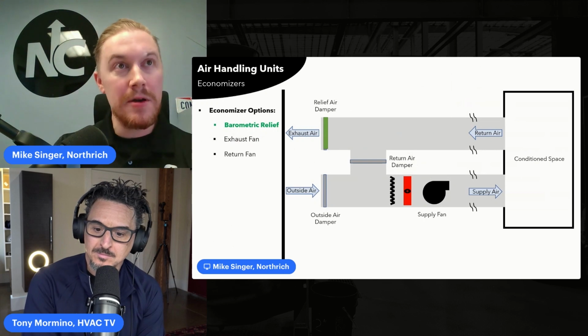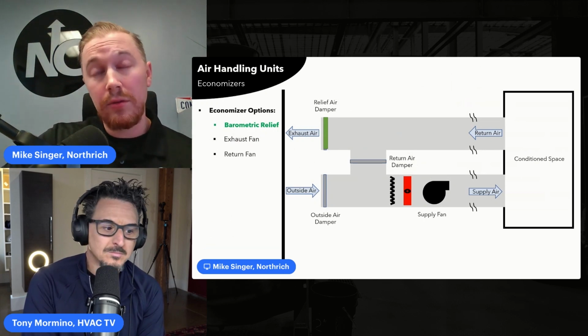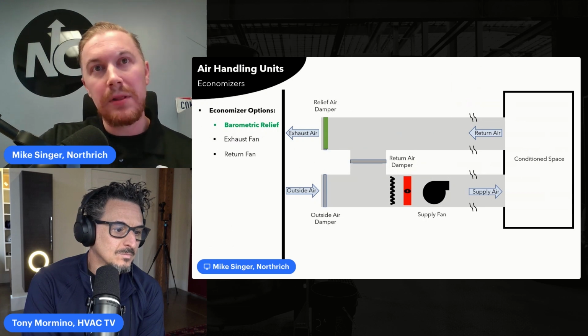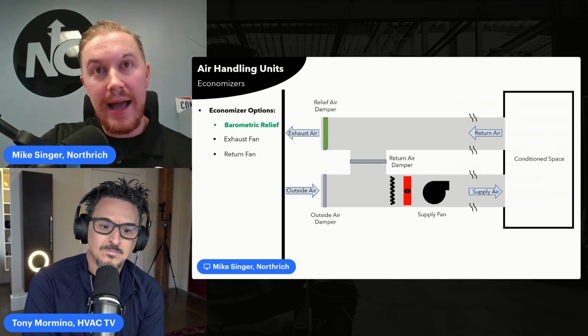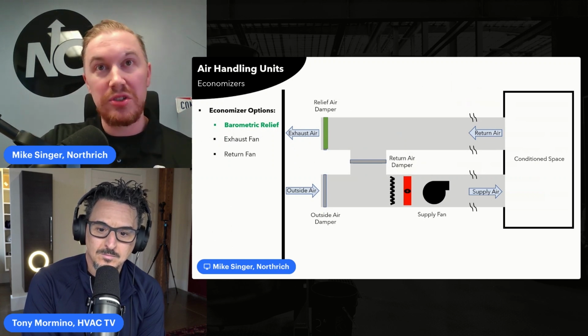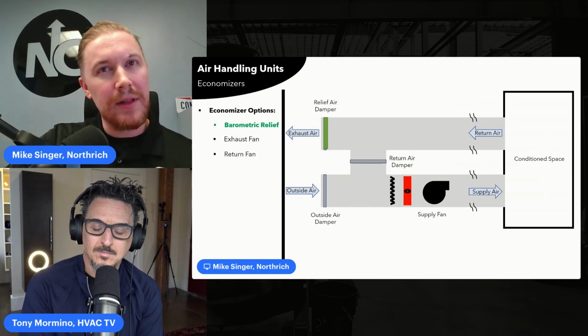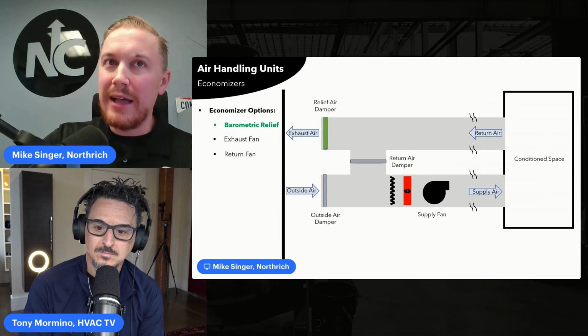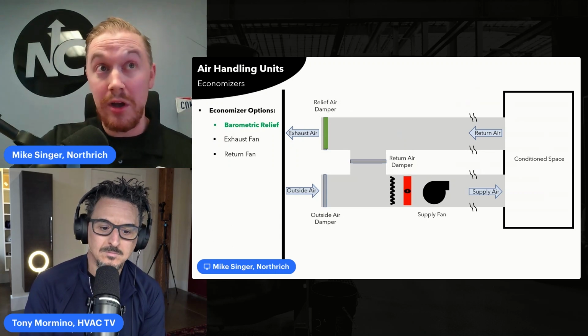The important note about barometric style economizers is the supply fan has to be sized to cover the pressure drop of both the supply ductwork as well as the return ductwork. Thinking a little bit ahead here, do I want to use that supply fan when I have a lot of return pathway ductwork? We'll talk about that. The answer is no.